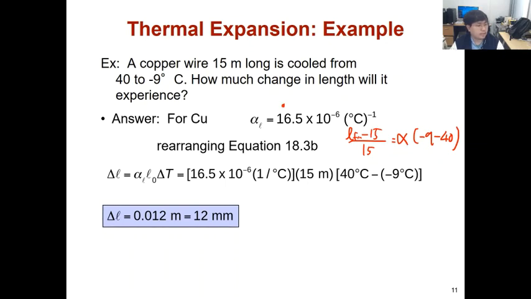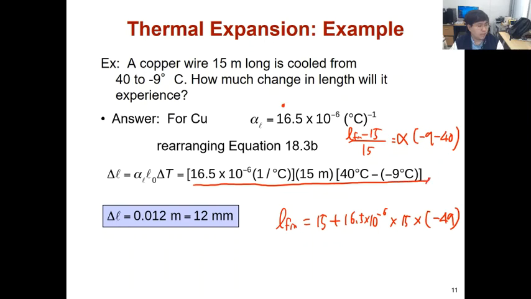So I think that's the correct thing. But anyway, let's think about L final, which is plus alpha, 65 × 10^-6, and then 50, and then -49. So here they use a positive value, but I will have a negative value.